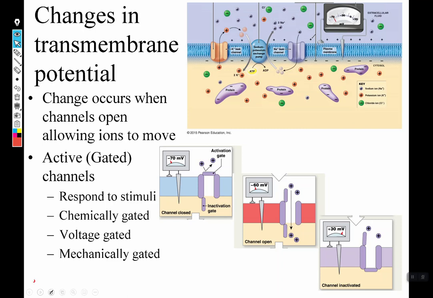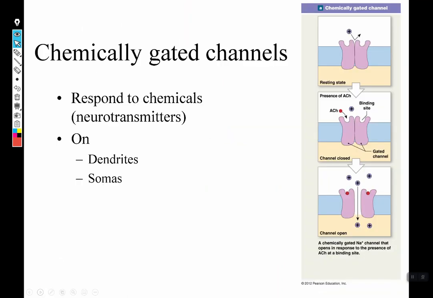So, moving right along. Let's just do a quick review walk through the different kinds of channels that I've just described, because repetition is our friend when we're just learning stuff. So here's a nice little visual of what a chemically gated channel would look like.